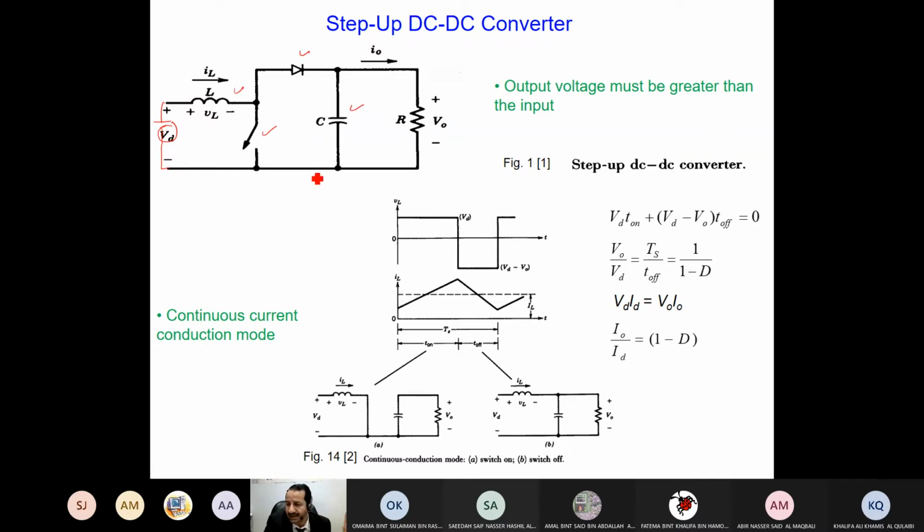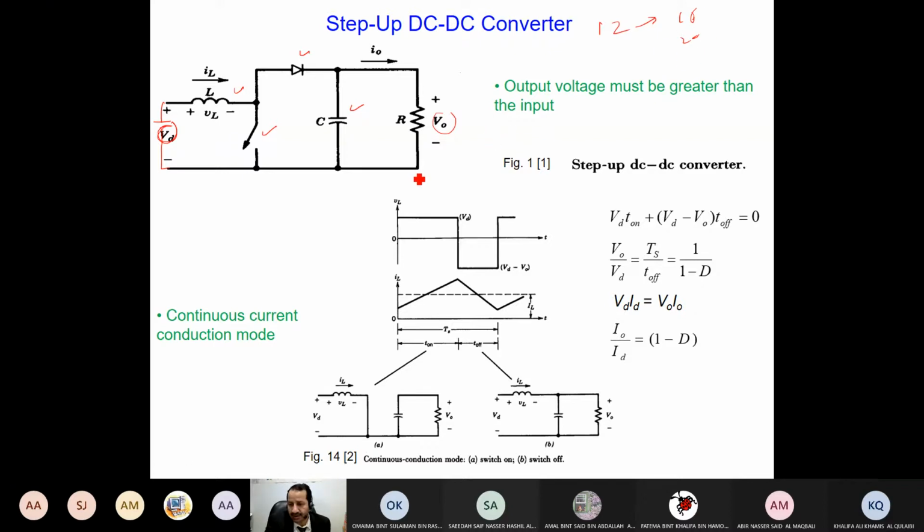The same elements. I just redistribute them and connect them in a different way, and I come up with a different effect. Rather than stepping down the input voltage, here the output and here the input, I step it up, increase it. For example, I have 12 volts, I make it 16, 20, more or less.